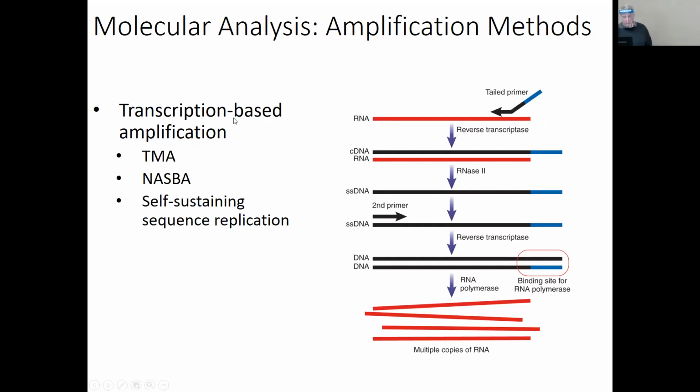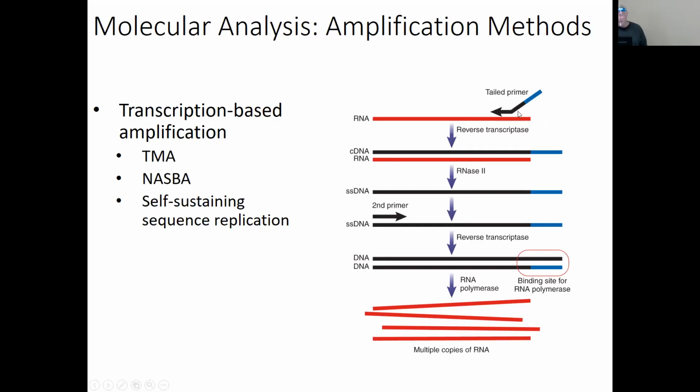All right, so what we're trying to do is that we can do transcription-based amplification, okay, and that's kind of what we're doing here. So let's look, we got the RNA here. If we want to run this one, we've got this RNA, just like if this was the COVID RNA, we're going to reverse transcriptase it. So we're going to add reverse transcriptase.